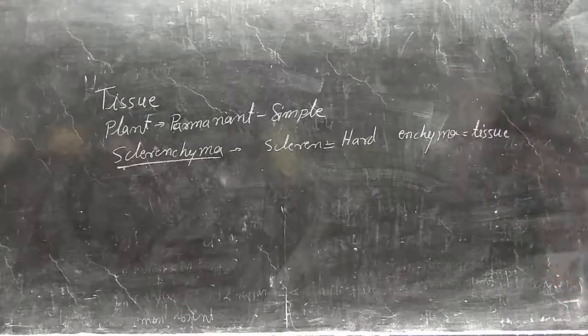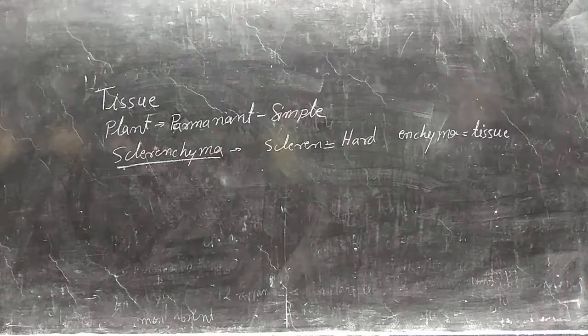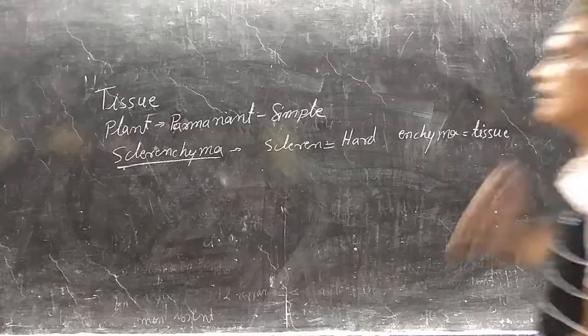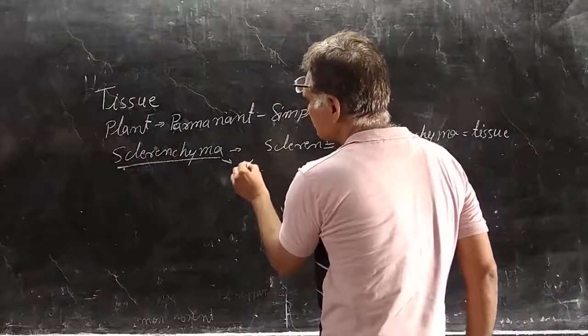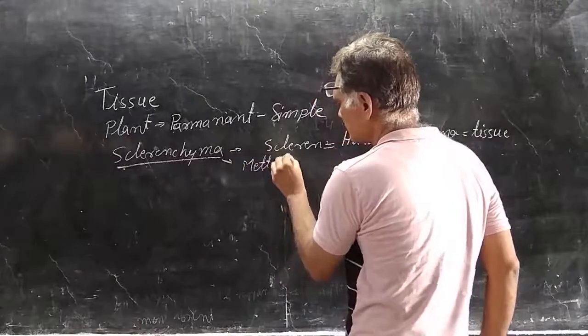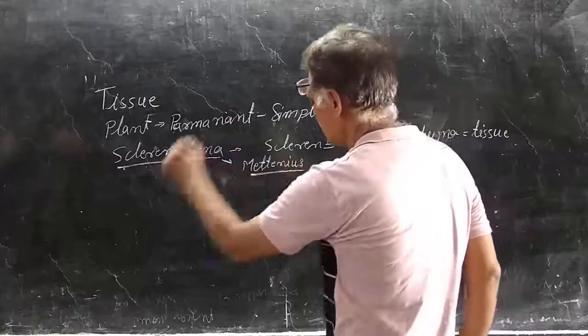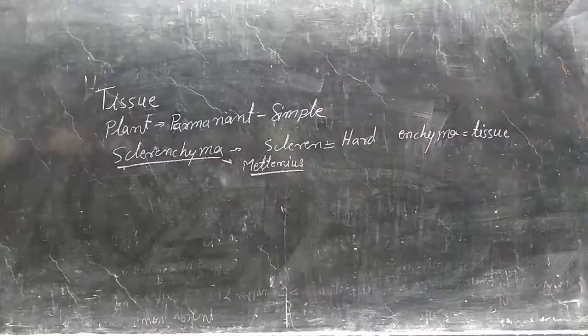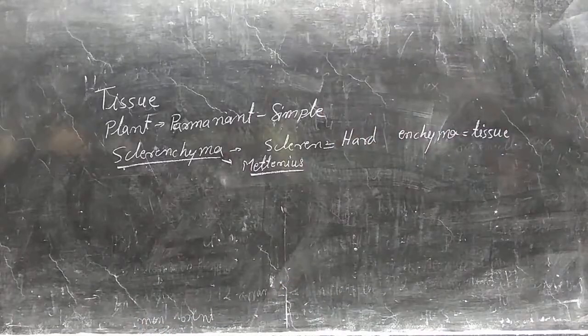It is a hard tissue. Normally it is hard in structure, and this word was given by the scientist Martinius: sclerenchyma.